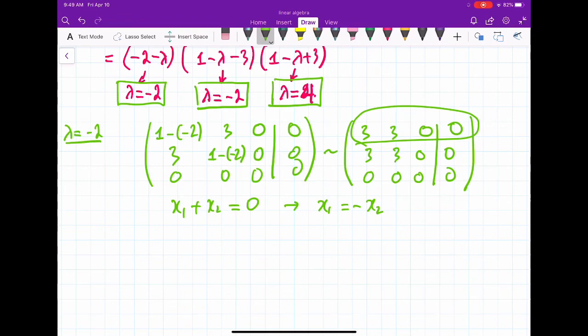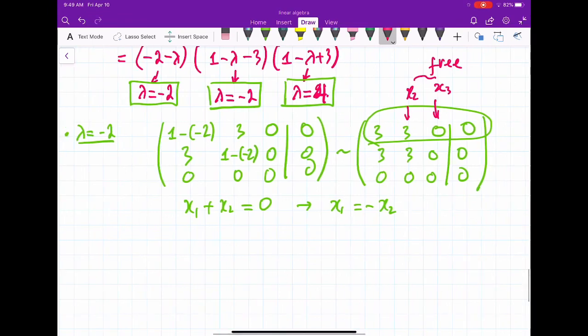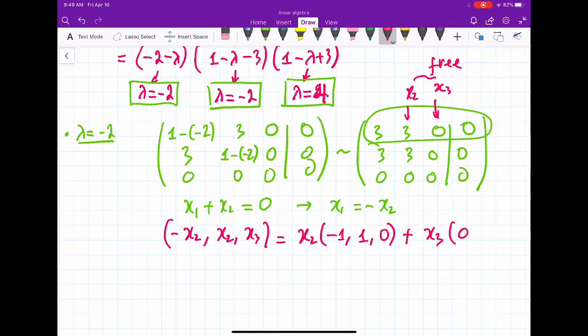And of course, you can see that x2 and x3 are free variables, right? So I can write the general solution. It looks like this: -x2, x2, and x3. And if you separate x2 and x3, you get x2 times (-1, 1, 0) plus x3 times (0, 0, 1).